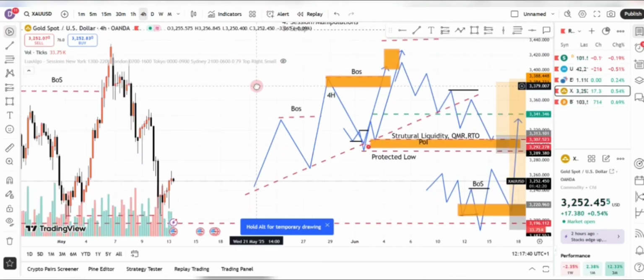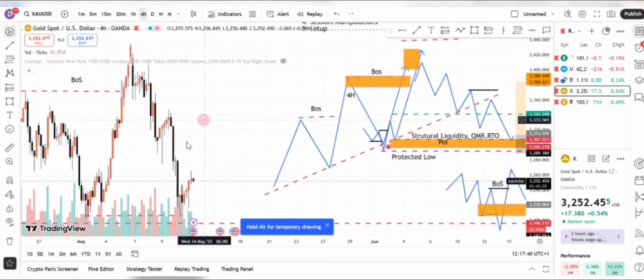See here for gold, price is doing this, and then price is not taking any relevant high because I cannot say this is the most obvious high. This high here is what created this low.